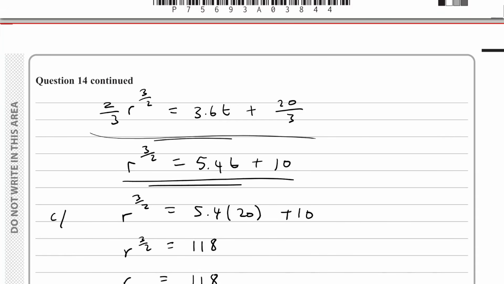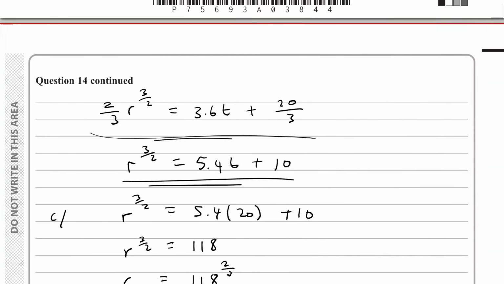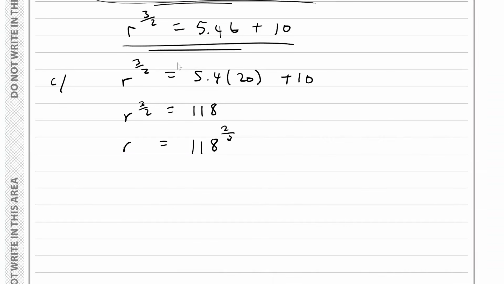So to cancel out the power of 3 over 2, we want the power of 2/3, the opposite, the reciprocal. So 118 to the power of 2/3 is 24.1 centimeters.